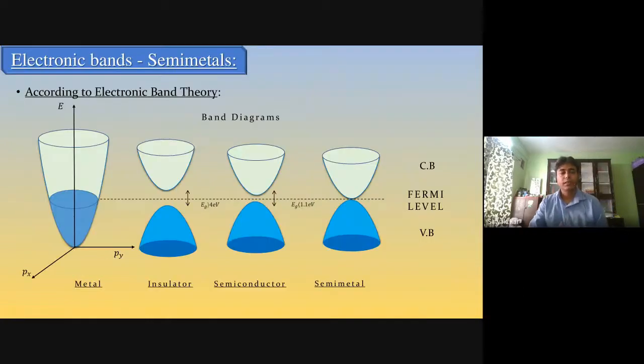Okay, so now we'll come to the nodal line semimetals, but first we can just spare 1 minute for this introductory slide. So this is showing the typical electronic band diagrams. If there is no gap between conduction band and valence band, we have a metal, and if there is a gap, then depending on the size of the gap, we can have a semiconductor or insulator.